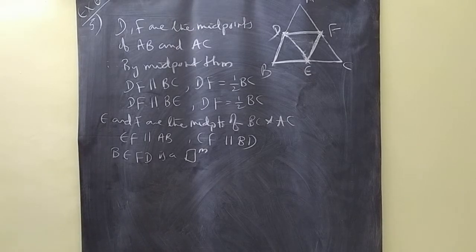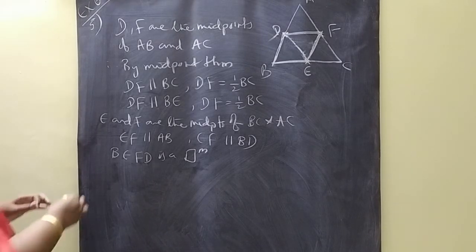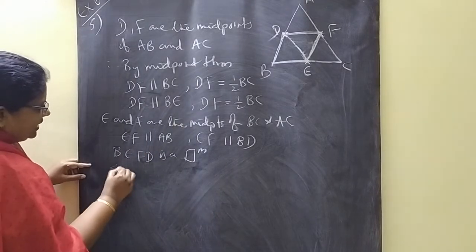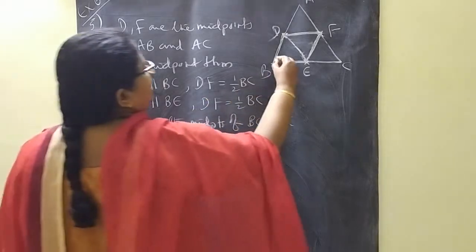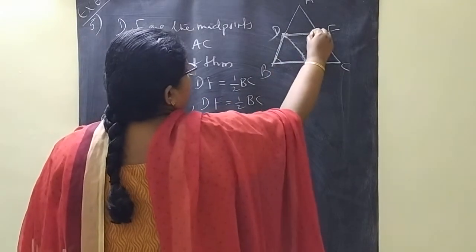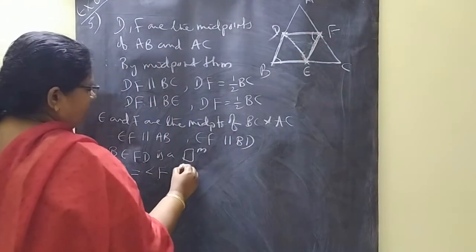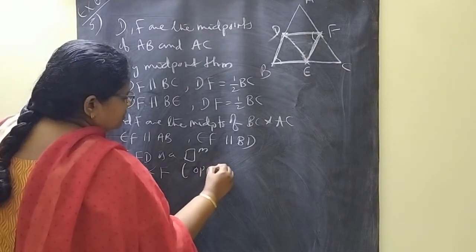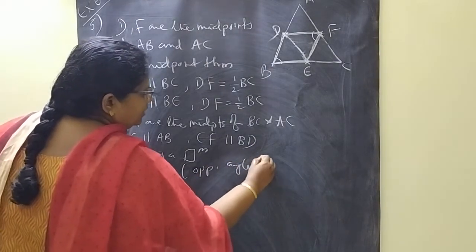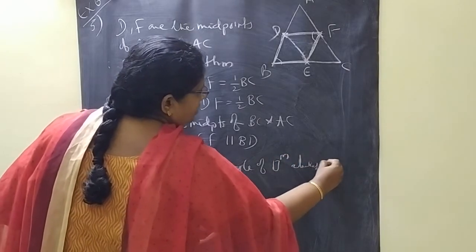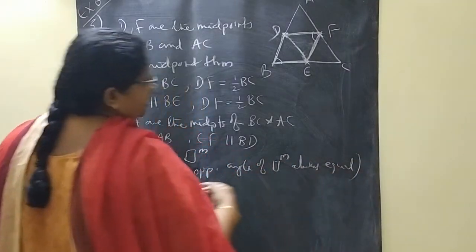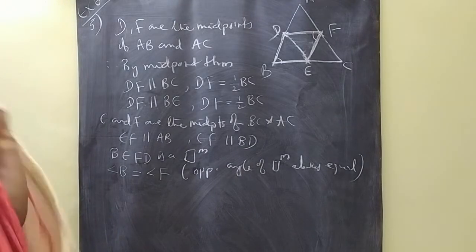So it is a parallelogram, which means angle B is equal to angle F. Why? Opposite angles of a parallelogram are always equal.